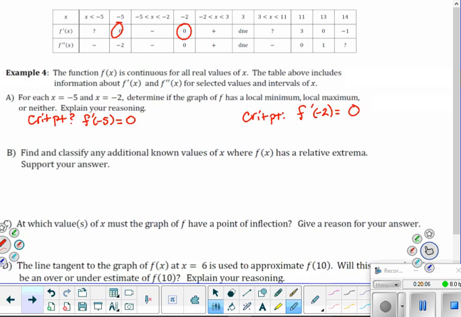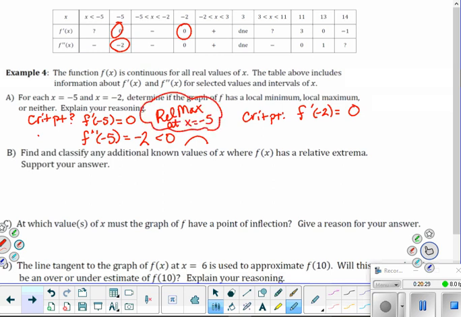Now, let's look at f double prime. We can roll forward, right? F double prime of -5 is -2, which is less than 0. So we're concave down. This is a relative max at x equals -5. Conclusion, right? Second derivative test.